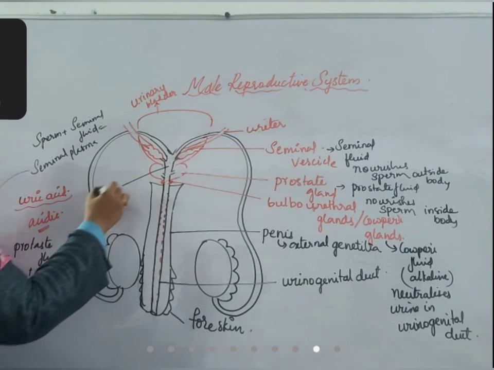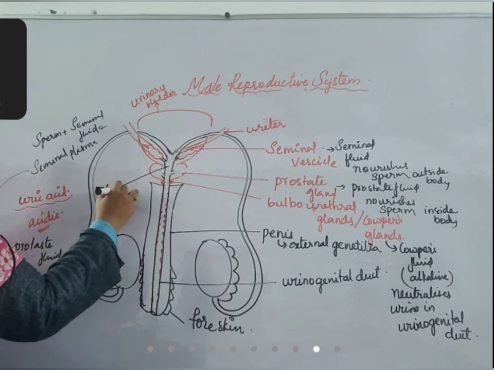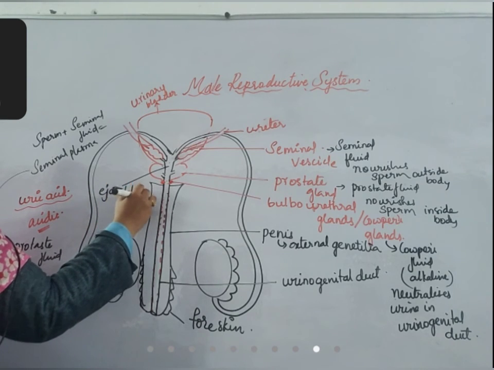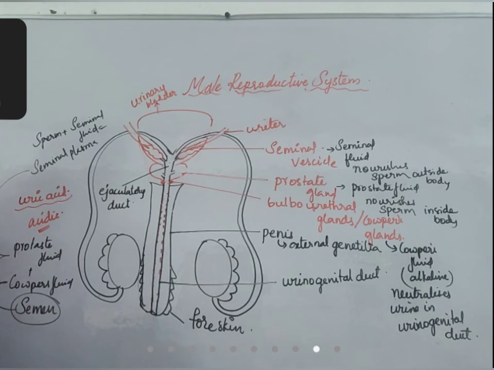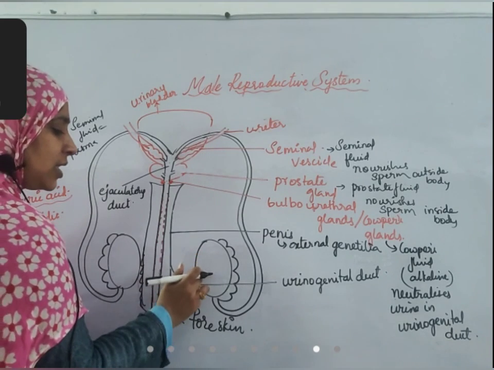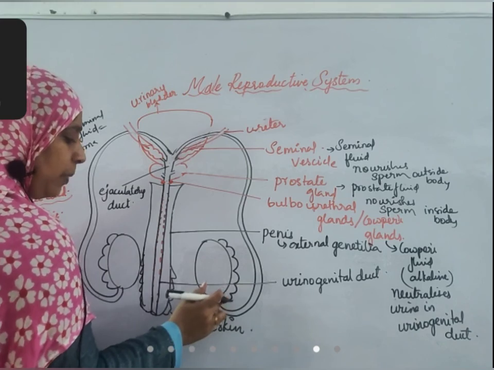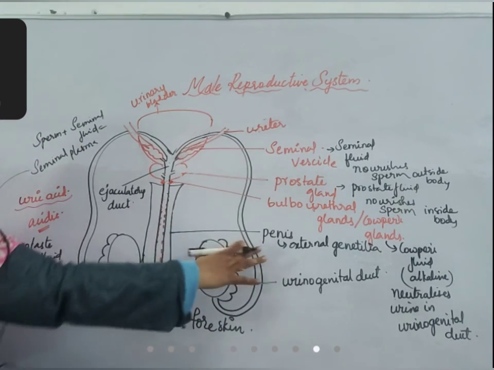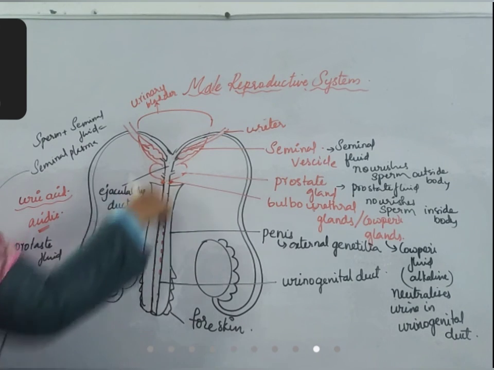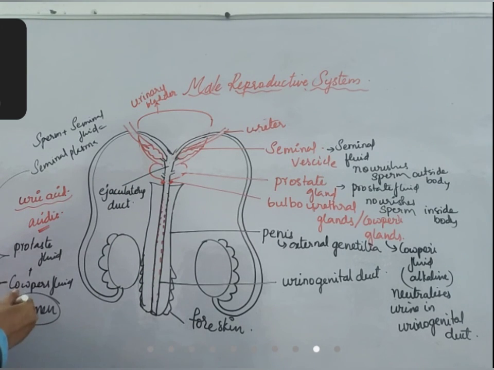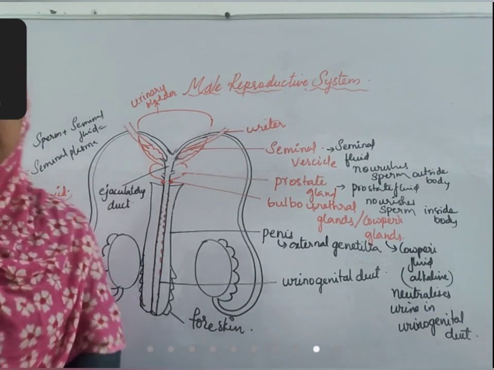So this part is called the ejaculatory duct. This is the main duct. So when we discussed rete testis, vasa efferentia, epididymis, and vas deferens, these are accessory, additional ducts. This is the main duct. So that is about the male reproductive system, children.